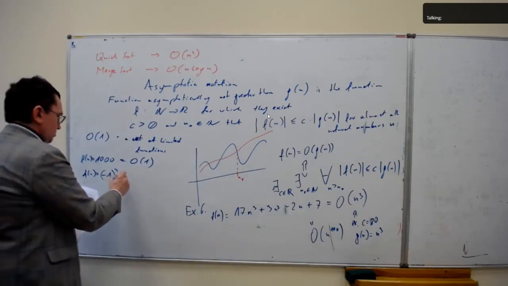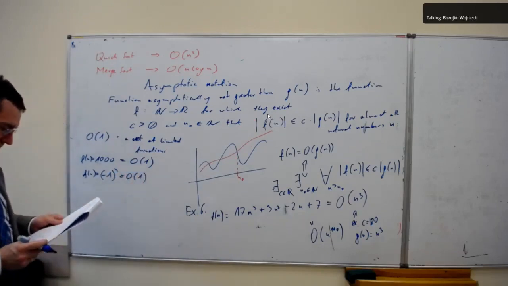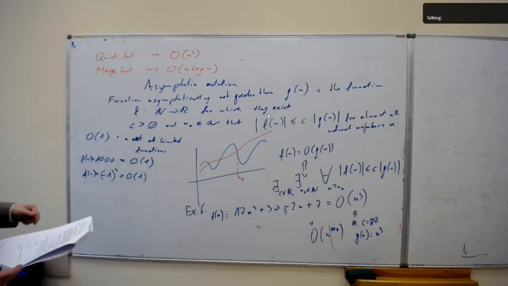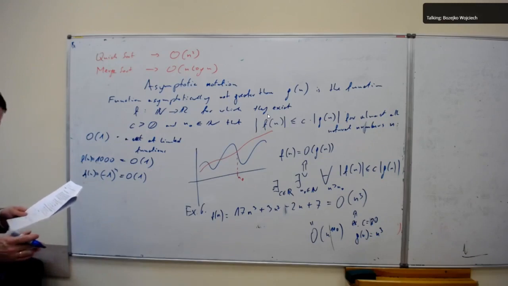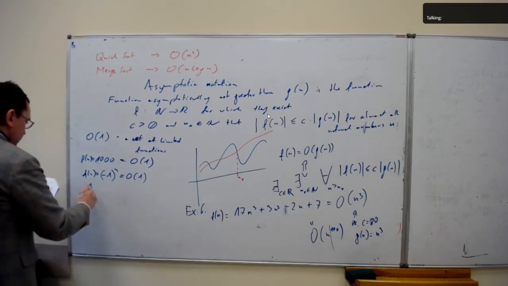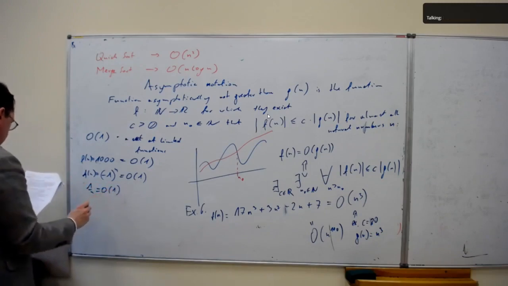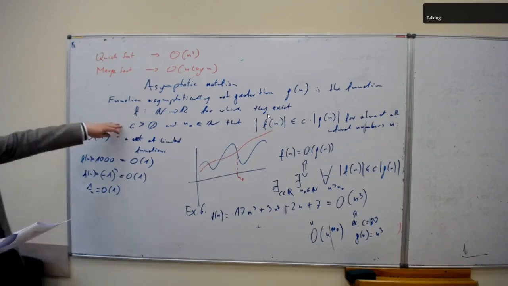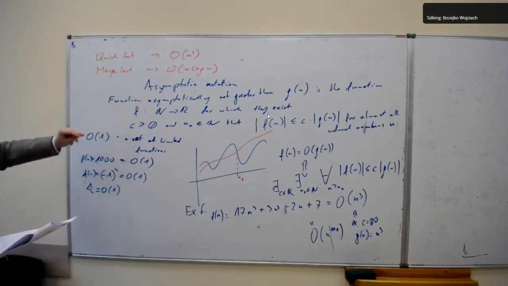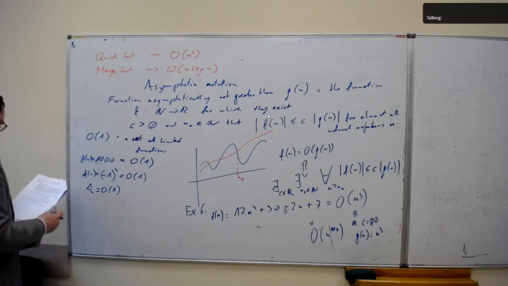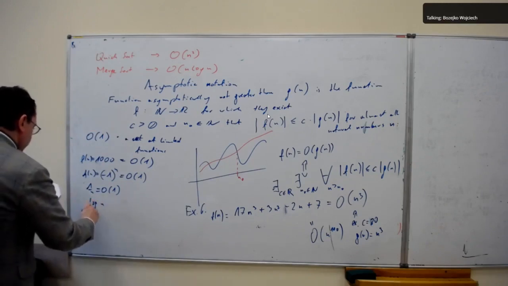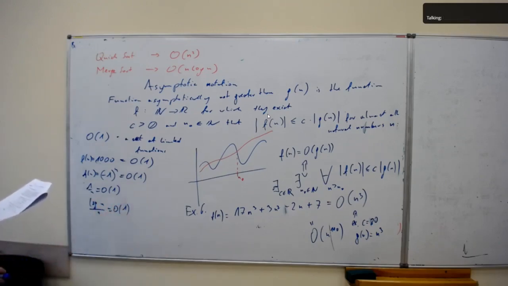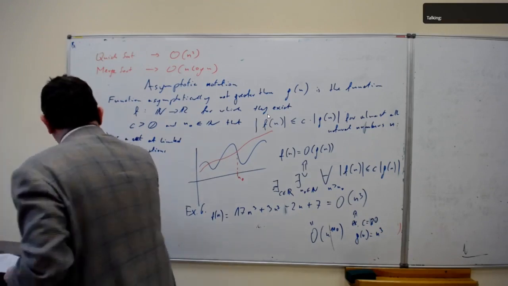This is also big O of 1, because we can find a constant, for instance 2, such that this is always smaller for any n. The function 1 divided by n is big O of 1, because we can also take the constant 1 and from some place this is smaller. Or logarithm n divided by n, this is also limited. Okay, so this is a set of limited functions.